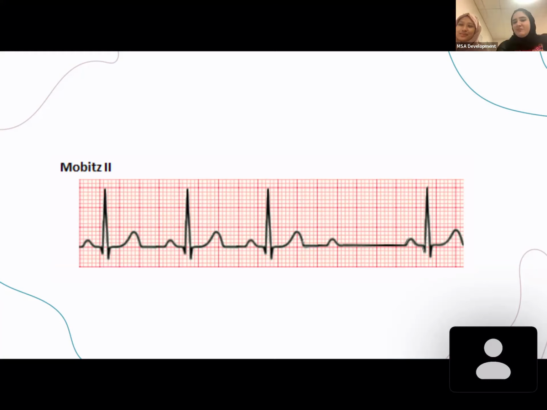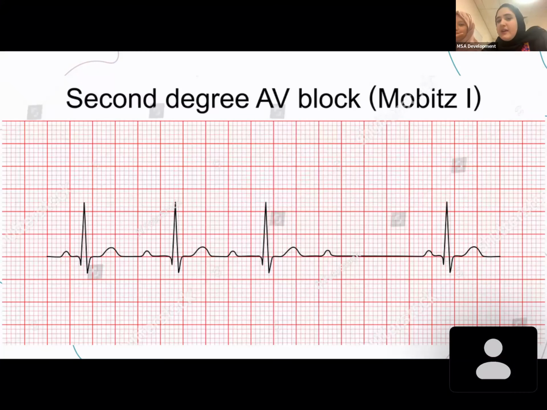In type 1, let's imagine that the QRS is a husband and the P is a wife. This is a story our TA gave us last year in third year. The QRS is slowly getting away from her because the PR is prolonging, and then he disappears. So she's anticipating the disappearance because he's slowly getting away.